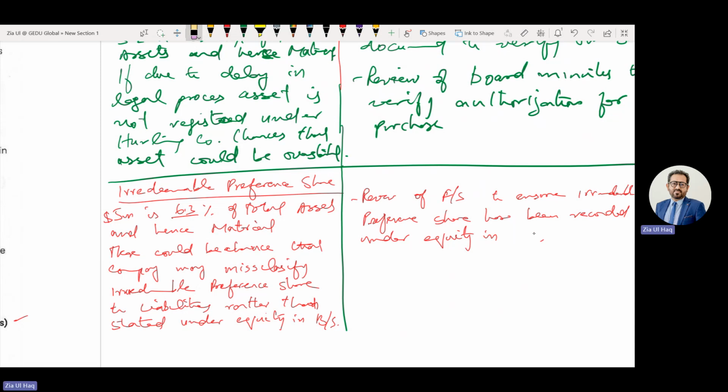Instead of balance sheet, we can use the word what? Statement of financial position.